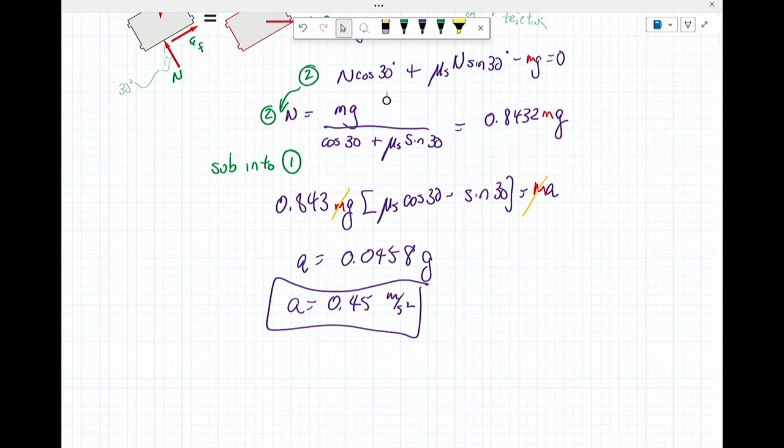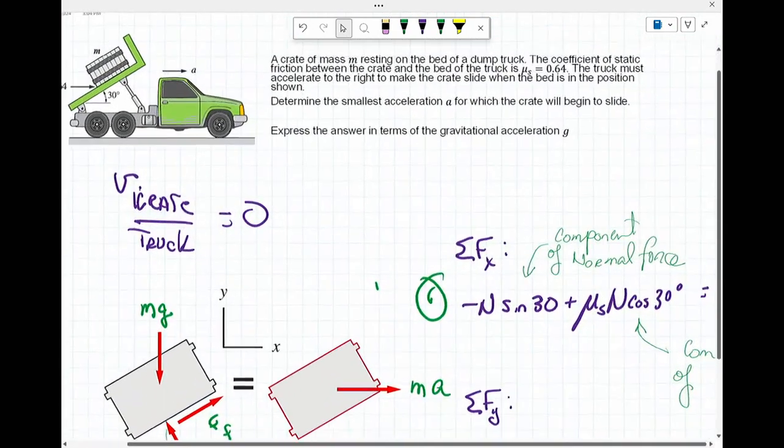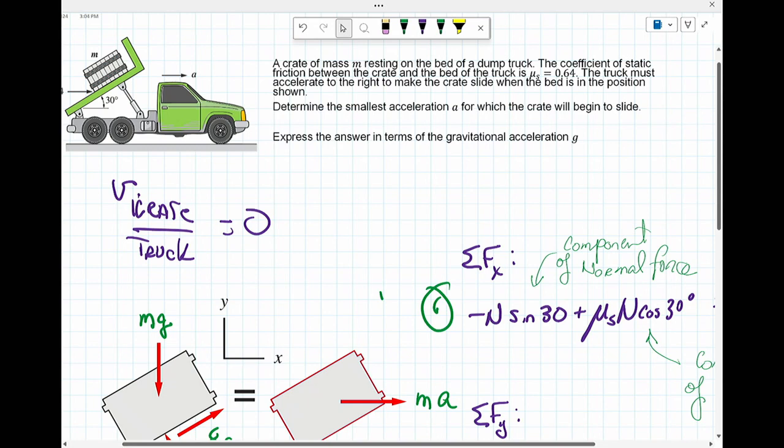So would you just say acceleration greater than this quantity? So what we're asked to find is the maximum acceleration where you still have no sliding, or the smallest acceleration where you will see the beginning of sliding. The smallest acceleration would be A.